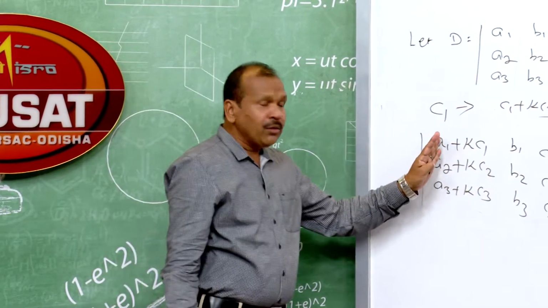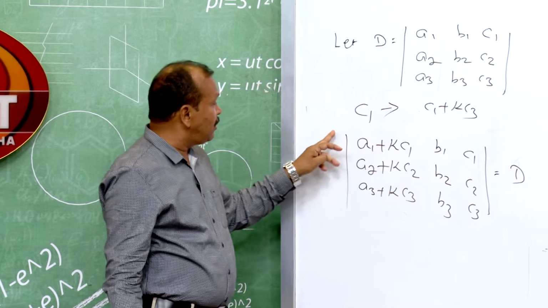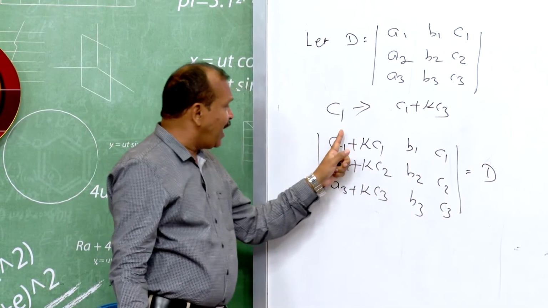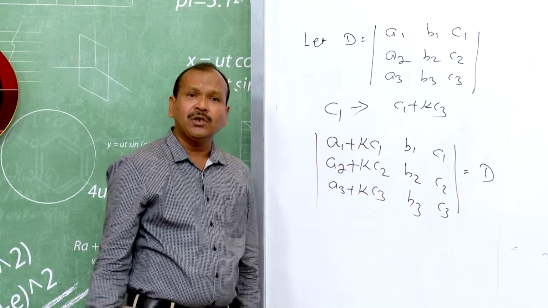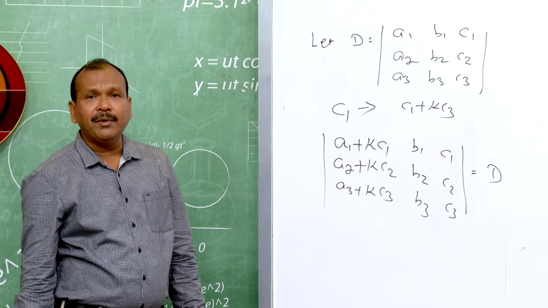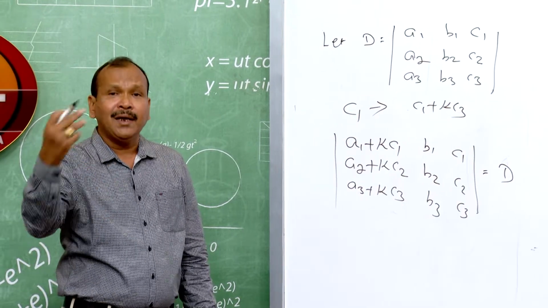How? In the earlier property, we have that if any one of the columns or rows is a sum of two elements, then this determinant can be written as a sum of two determinants.